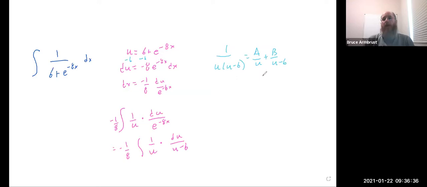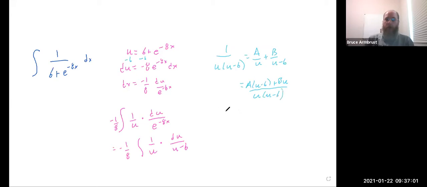This is really a byproduct of adding fractions. When you get a common denominator and put it together, we're basically breaking it apart. So if you look at this bit on the right, this is the same as a times u minus 6 plus b times u over u times u minus 6.